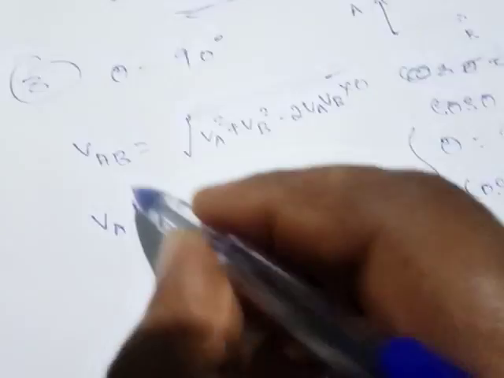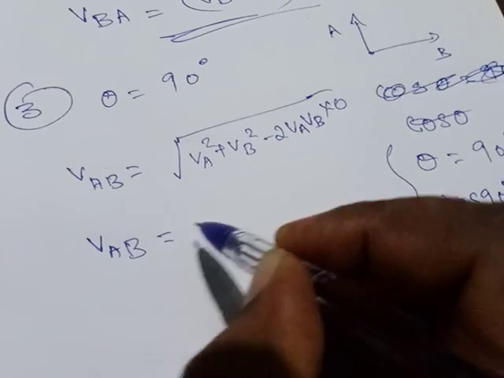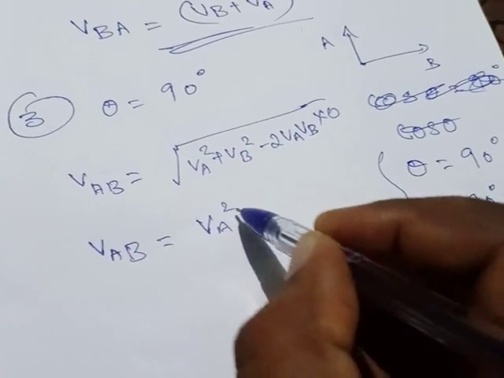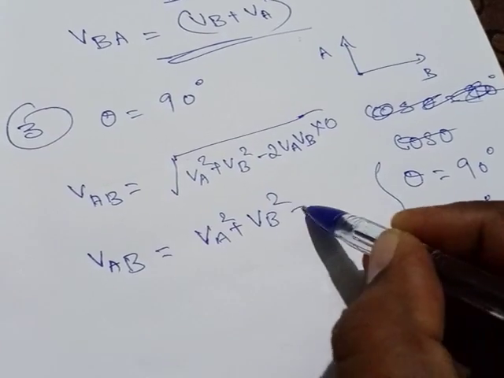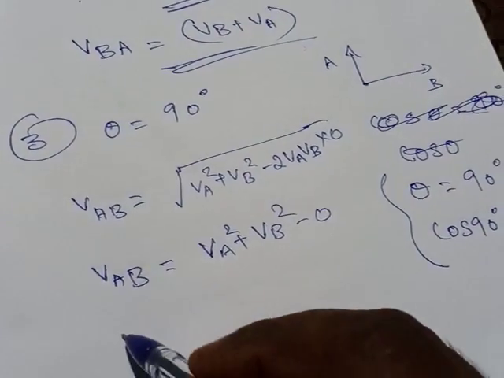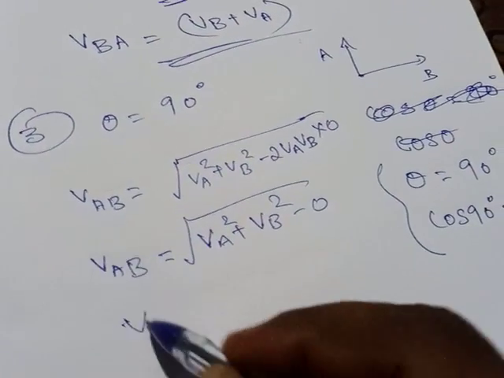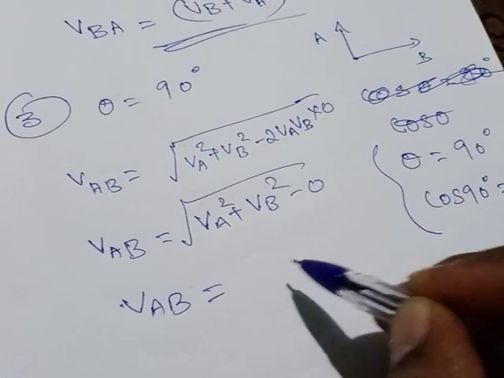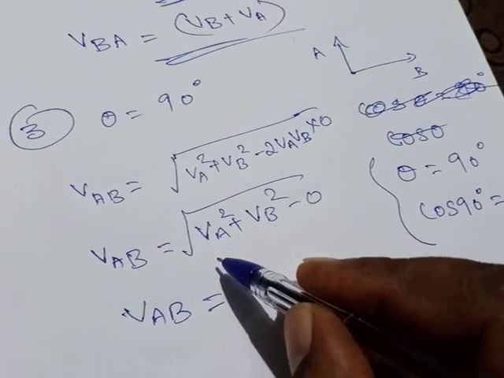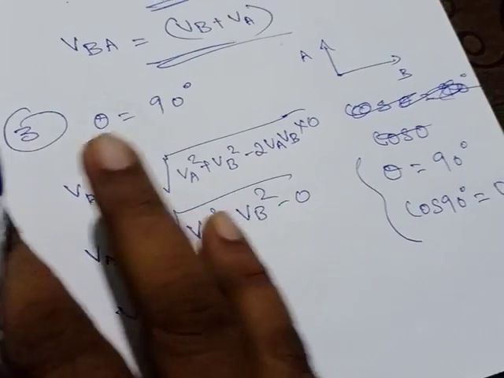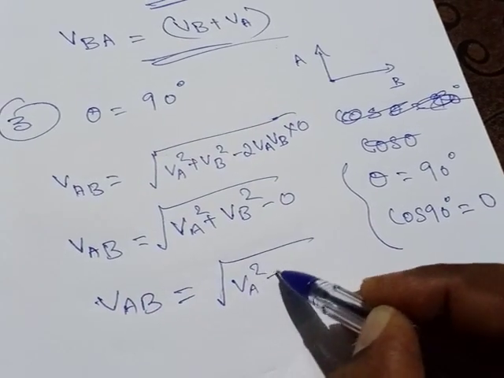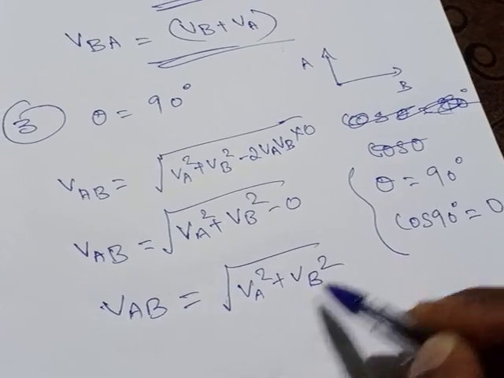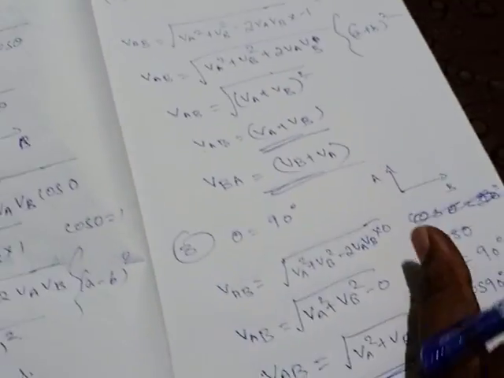So VAB is equal to the root of VA square plus VB square. This is the last one.